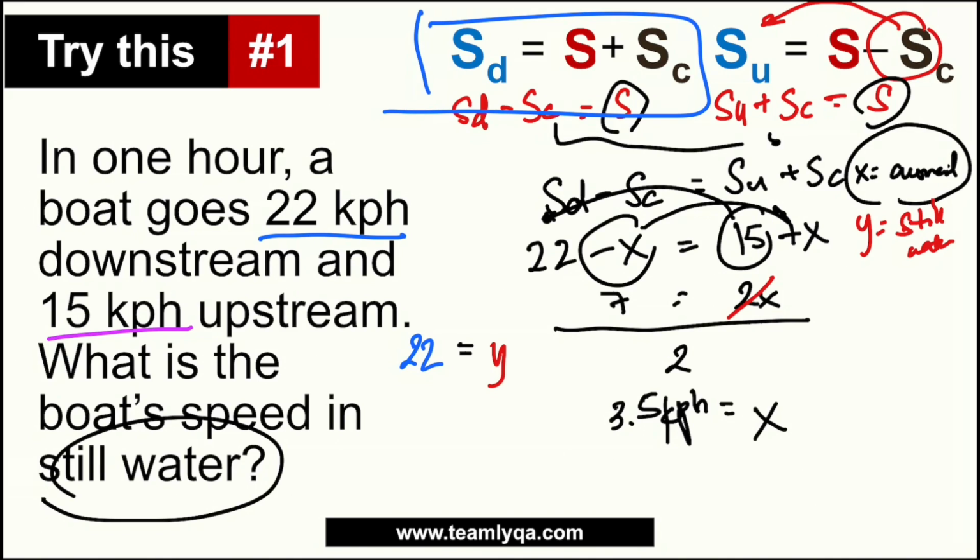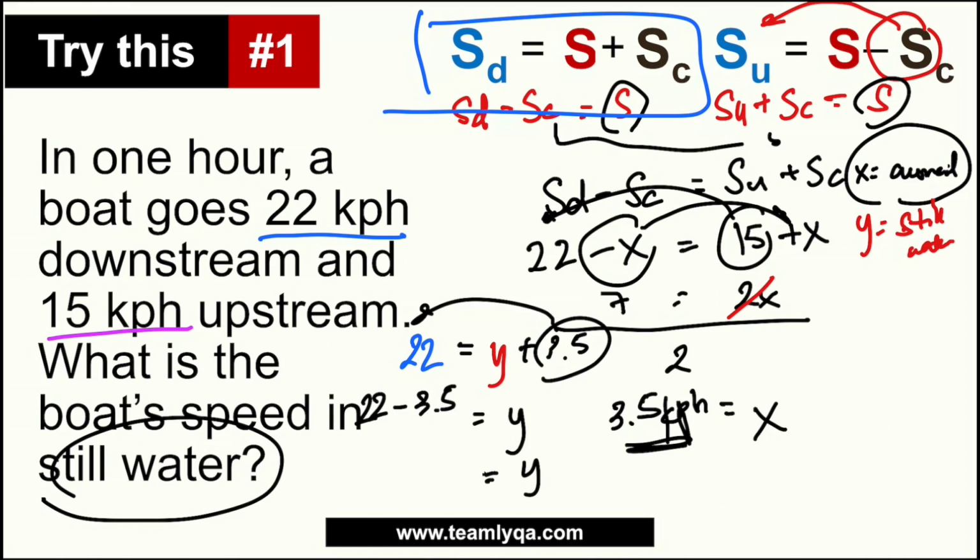Okay? Then we add our speed of the current, which is 3.5. So if I want to get y, I'll just move the 3.5 to the other side. This will be 22 minus 3.5. Y is equal to 18.5 kph. So its speed in still water is 18.5 kilometers per hour.